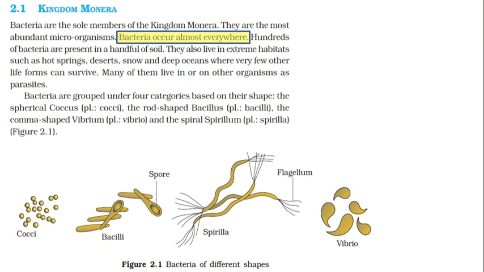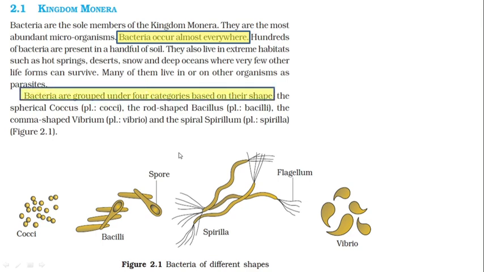Kingdom Monera includes bacteria which are present almost everywhere. Hundreds of bacteria are present in a handful of soil. They also live in extreme habitats such as hot spring, desert, snow, deep oceans, etc. So they are present everywhere, and they can be classified into various categories based on their shapes.